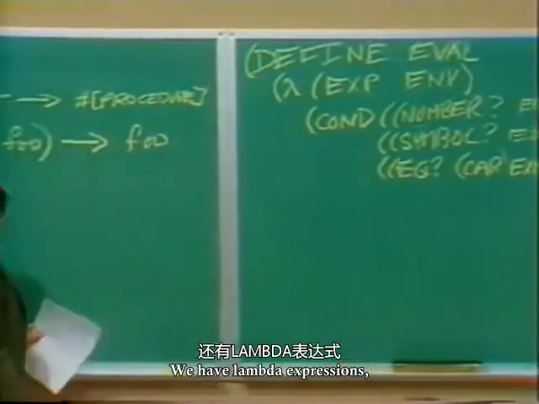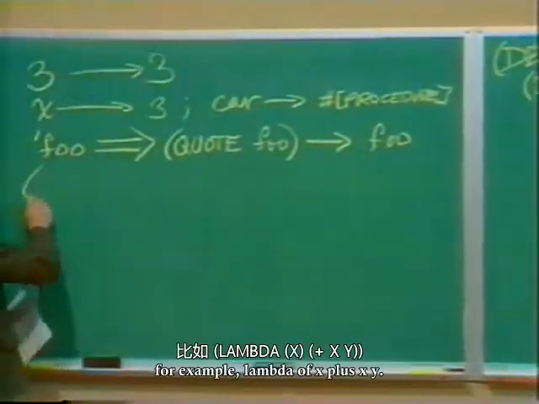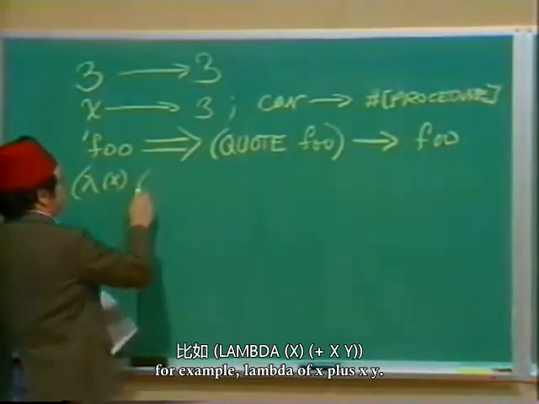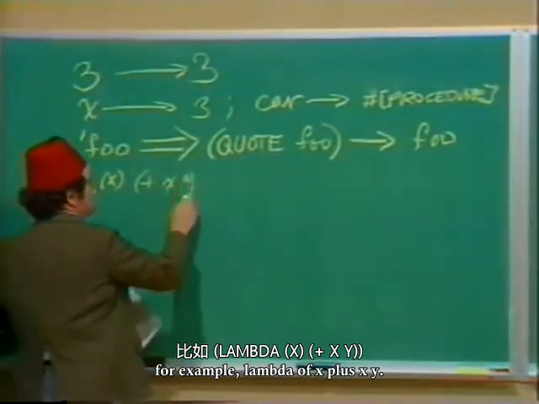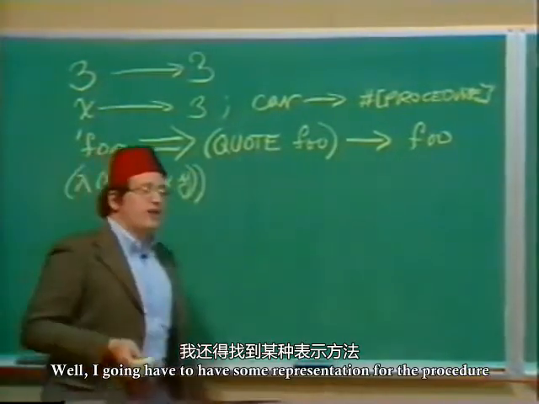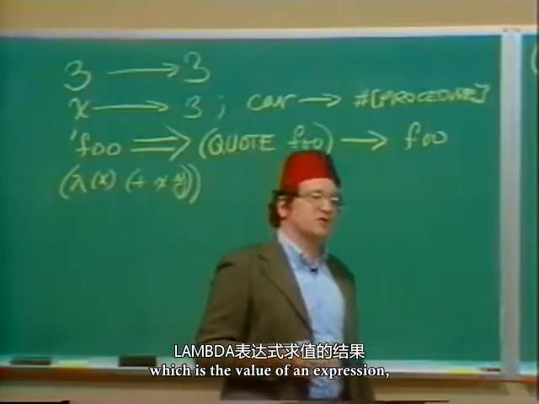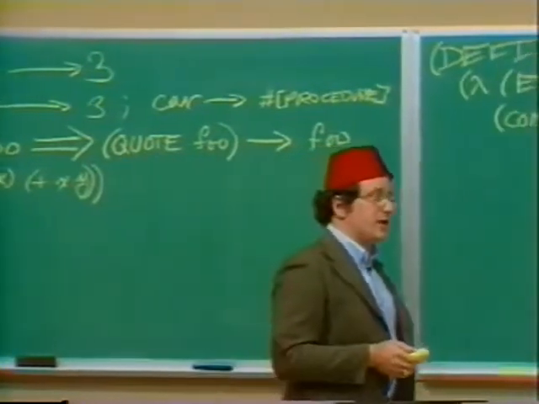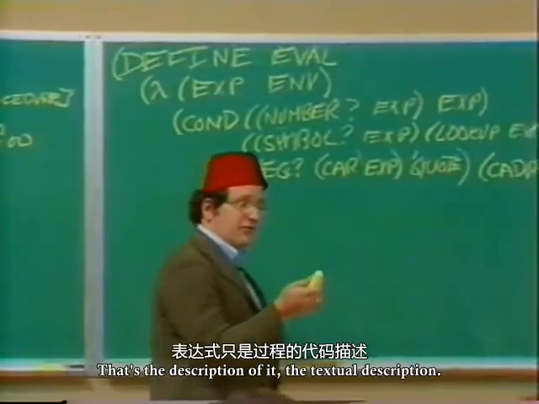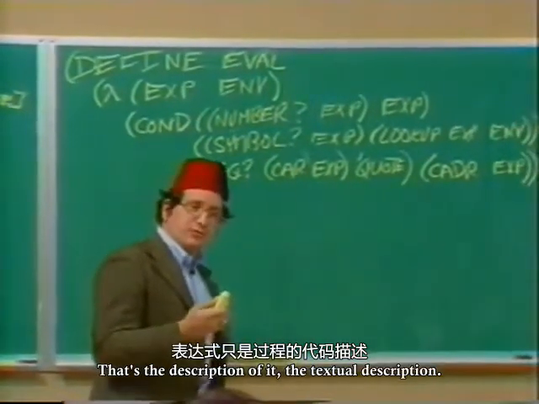We have lambda expressions. For example, lambda of x, lambda x plus xy. Well, I'm going to have some representation for the procedure, which is the value of a lambda expression. The procedure is not the expression lambda x. That's the description of it, the textual description.